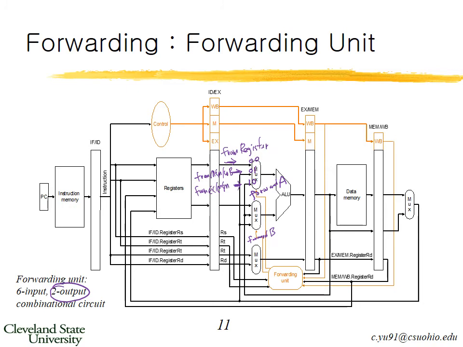The forwarding unit gets some inputs and produces two output signals, forward A and forward B. It is essentially a combinational circuit with 6 inputs and 2 outputs. Regarding those 6 inputs, we'll discuss in the next slide.